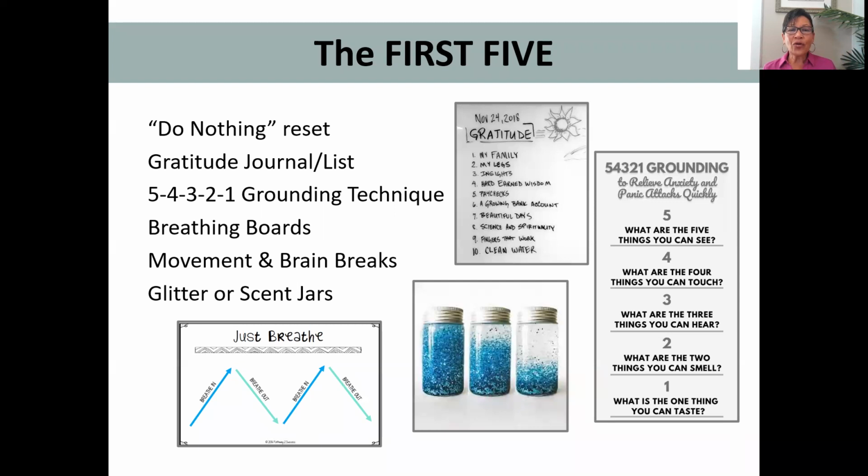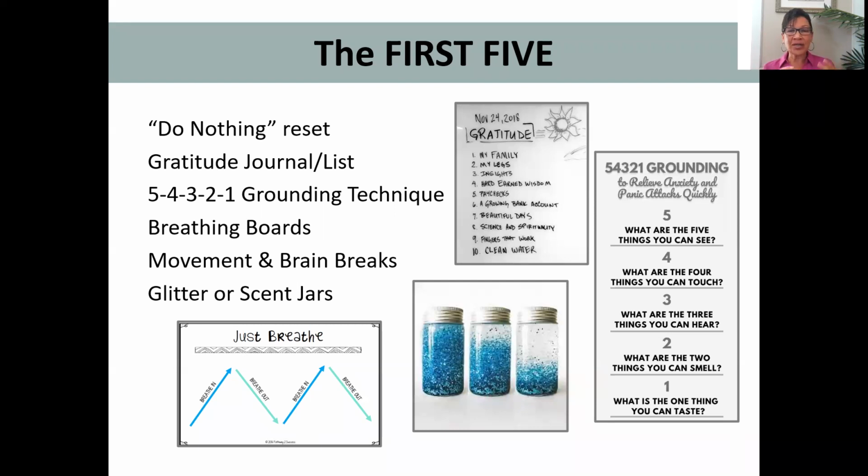And then for something, if we need to focus outside of ourselves, I love glitter jars or scent jars. You can just use a baby food container and then use essential oils and put them on a little napkin or cotton pad and put that in the jar and close that, because some people have sensitivity to things. So you want to close your scent jars.